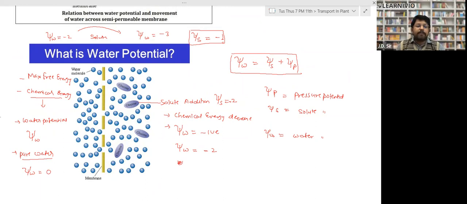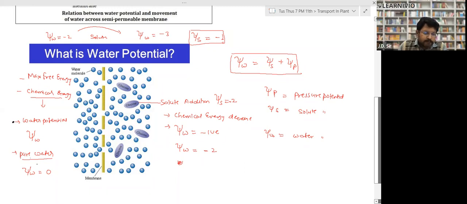So pure water has maximum water potential. We represent it with the term psi W. See, this is the psi W, right? So psi W is water potential, right?